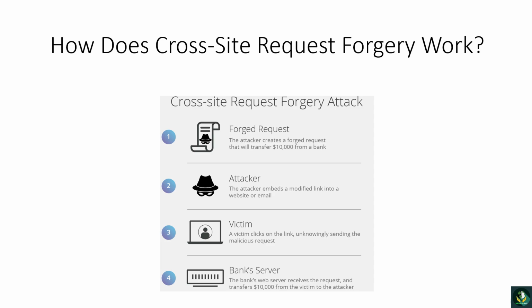A victim clicks on an email or website link placed by the attacker, resulting in the victim making a request to the bank to transfer $10,000. The bank server receives the request, and because the victim is properly authorized, it treats the request as legitimate and then transfers the funds.